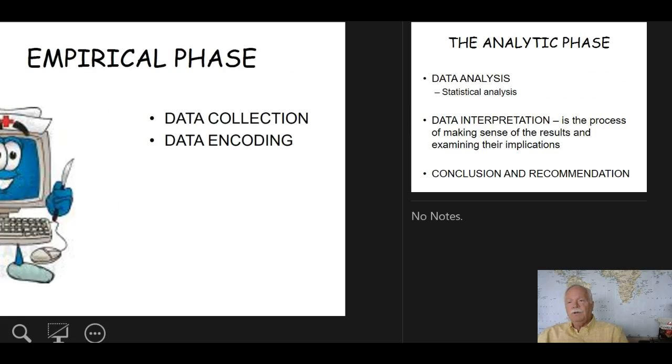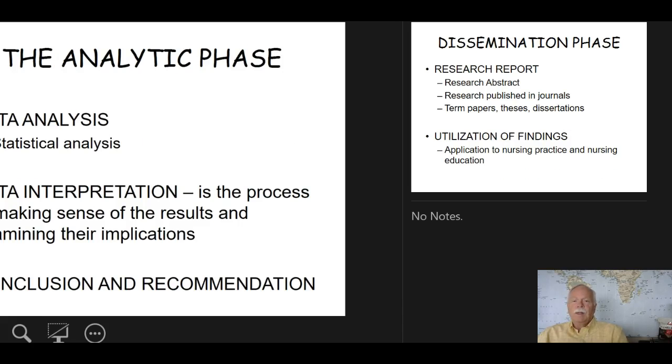So in the empirical phase then is the data collection and data encoding. And then that is followed by your data analysis, which is your statistical analysis, and data interpretation is really where you're looking at your results in the study. It's the process of making sense of the results and examining their implications.